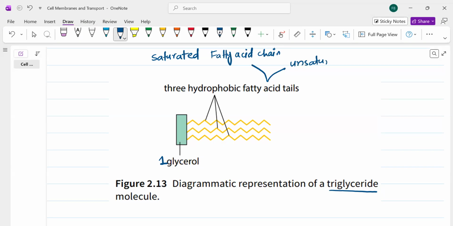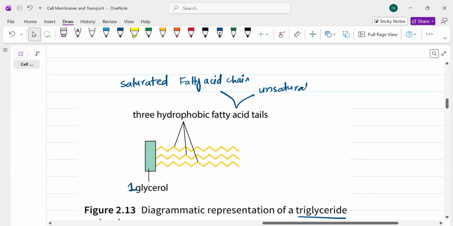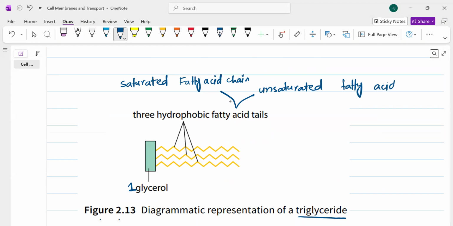What is the composition of a saturated fatty acid chain? Saturated fatty acid chains don't have any carbon double bond. All single bonds are there, in between carbon-carbon there are all single bonds.